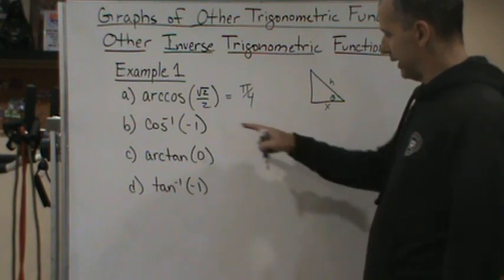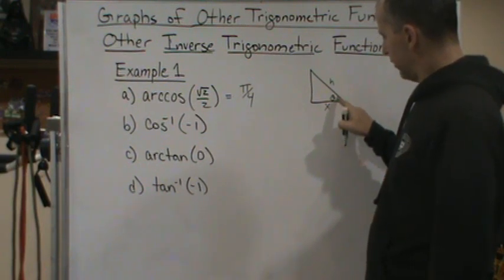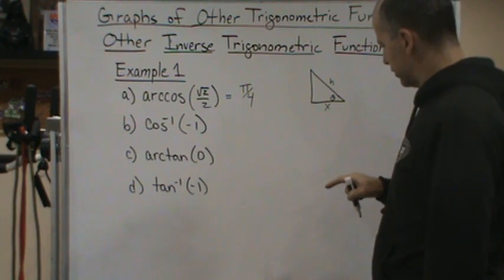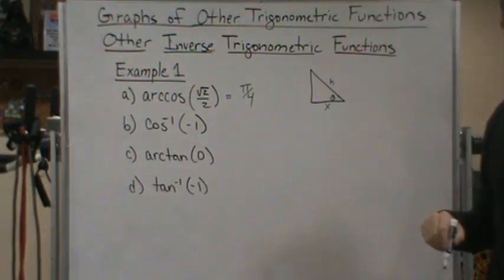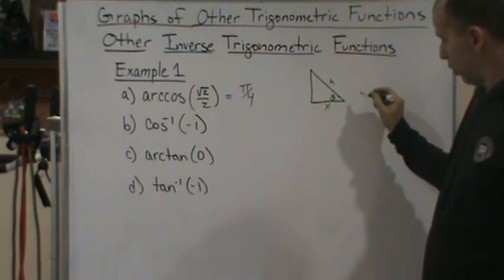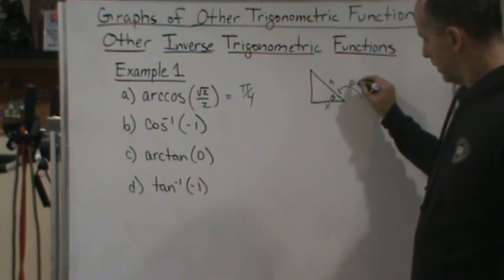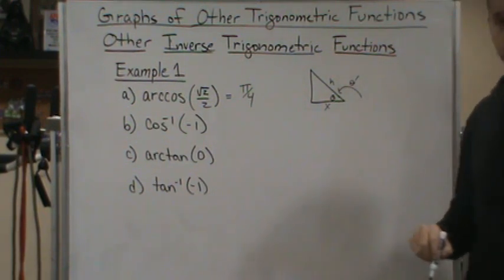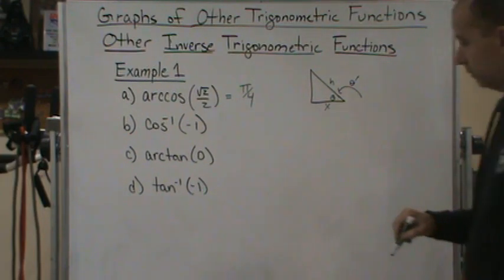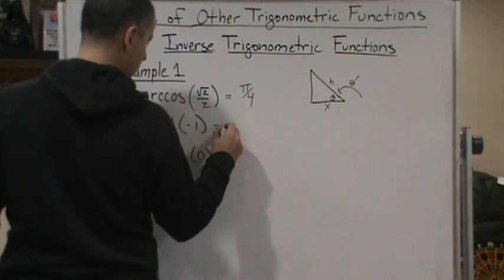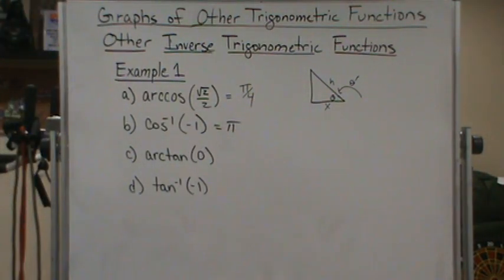So the only way that we're going to get 1 is if these two are the same, and the only way that x is going to equal h is if theta is, well, 0 in this case, or theta prime is pi. So in this case, it's going to be pi. So the inverse cosine of -1 is equal to pi.